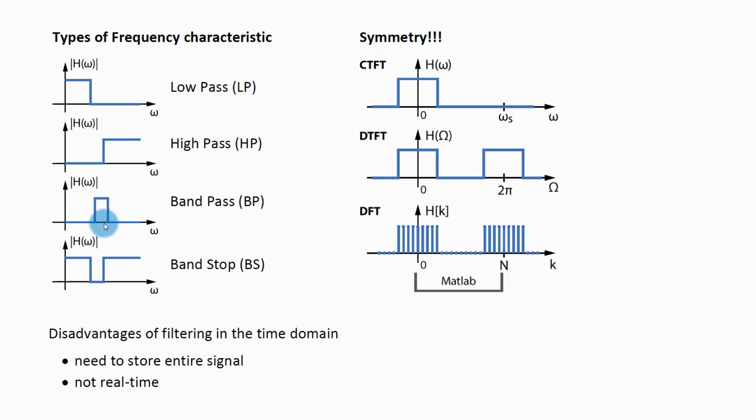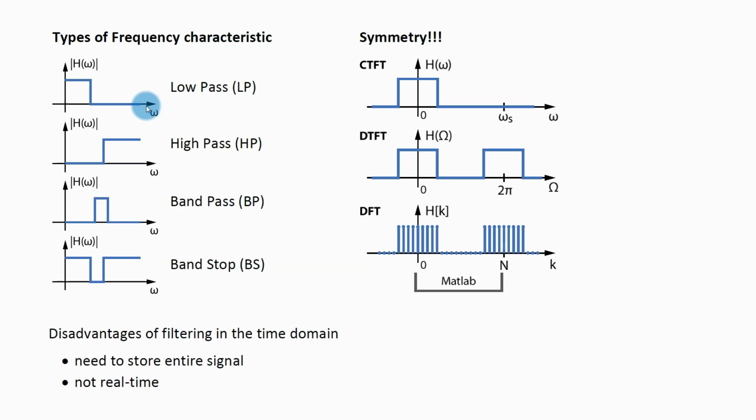If just a band of frequencies is being predominantly passed, we talk about a band-pass filter. And if the frequency characteristic just stops a band of frequencies, we talk about a band-stop filter. Now, I have simplified these frequency characteristics as much as possible. I'm showing you only the positive frequencies, and I pretend that I can use the continuous time Fourier transform.